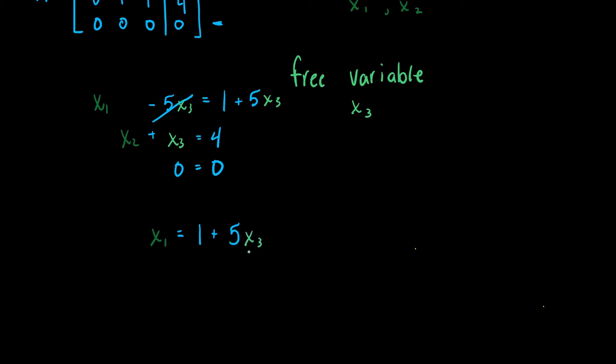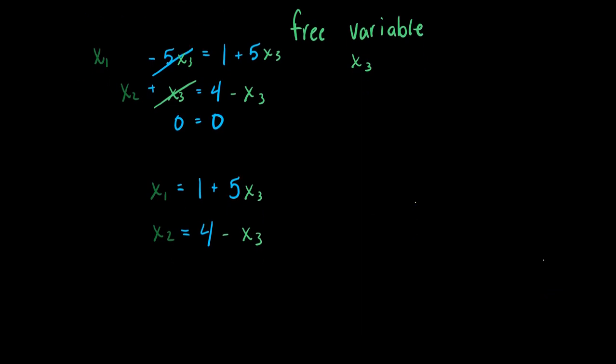Now solving the second equation for x2, how would I get the x3 over? I would simply subtract x3, and that would cancel out over there. So x2 is equal to 4 minus x3.